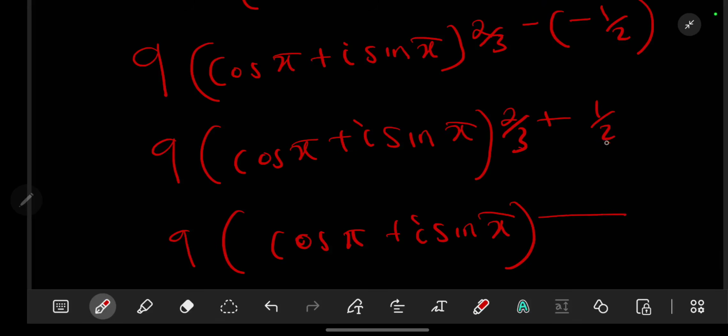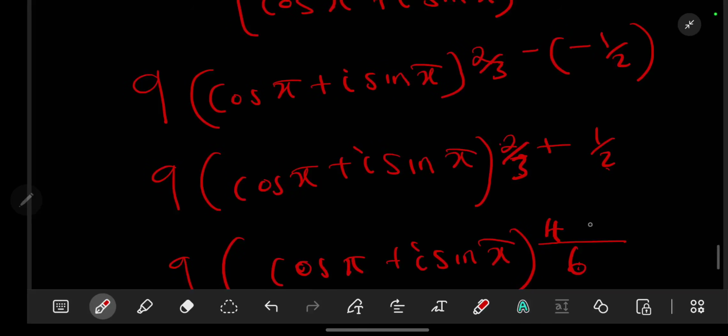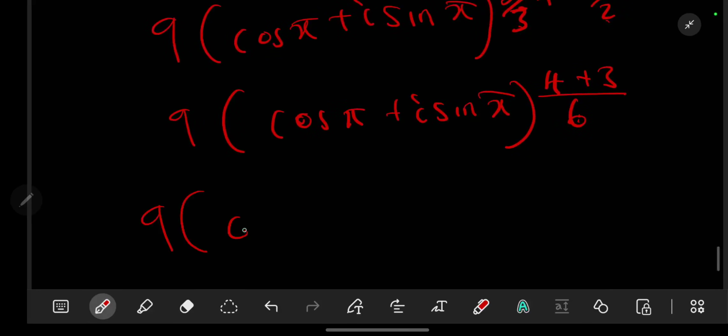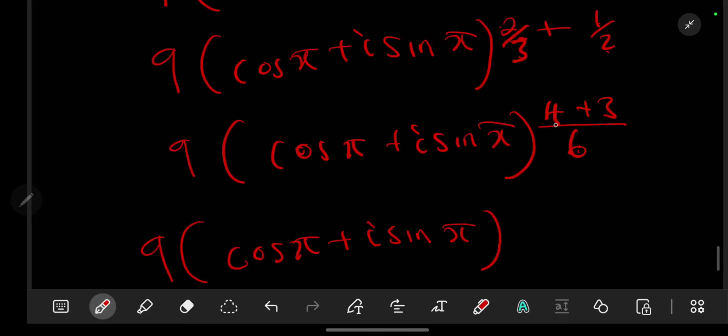of the common denominator that 3 and 2 can enter, which is 6. 6 divided by 3 is 2, times 2, that will be 4. 6 divided by 2 is 3, by 1 that will be 3. So this gives us this. So our 9 cos of our pi plus our i sine of our pi to the power of 4 plus 3 is 7 over 6 like that.